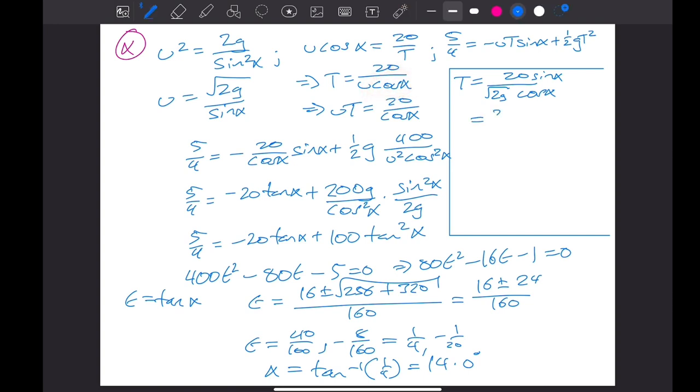So we'll have 20 over root 2g tan alpha. We know tan alpha was 1/4, so it's 5 over 2 root g. So altogether, plugging that in the calculator, what does that give us? 5 over square root of 2 times 9.8. Some lovely number, 1.13 to 2 decimal places. Beautiful.